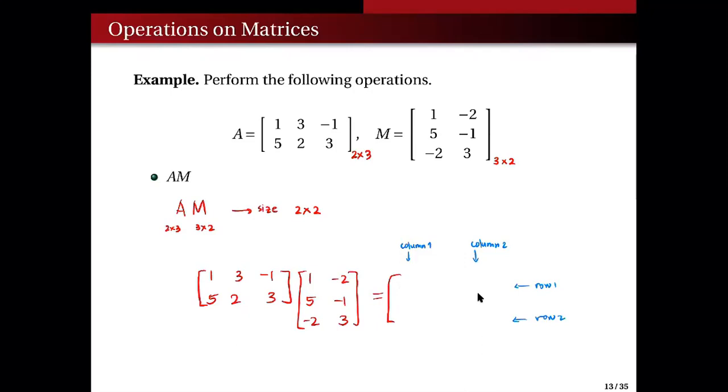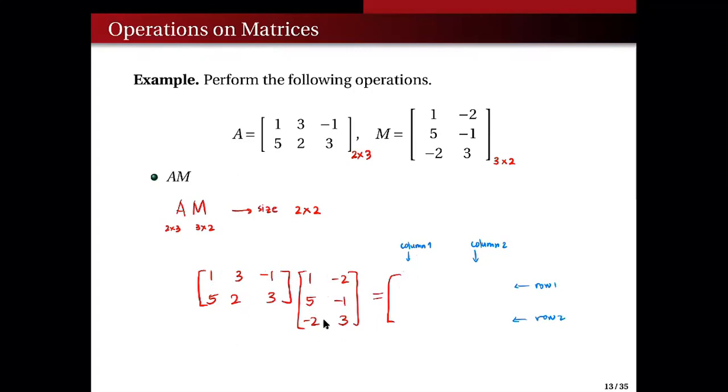The row entry here will be the row of the matrix A, the row of the left factor. The column entry is the column for the matrix of the right factor.